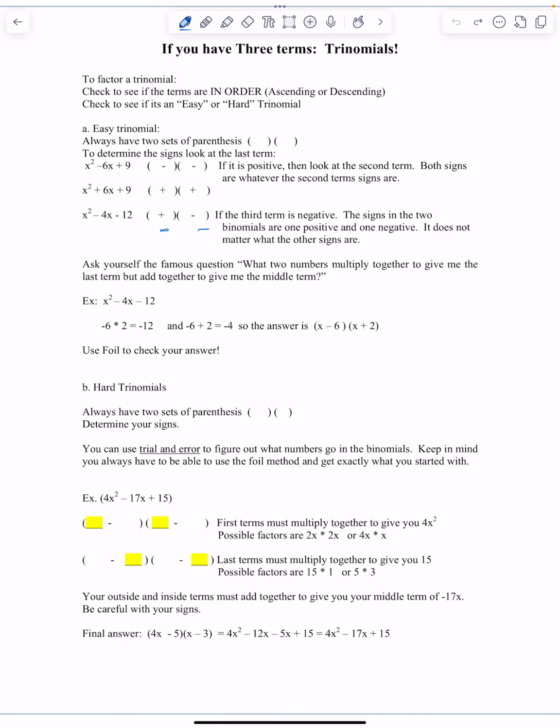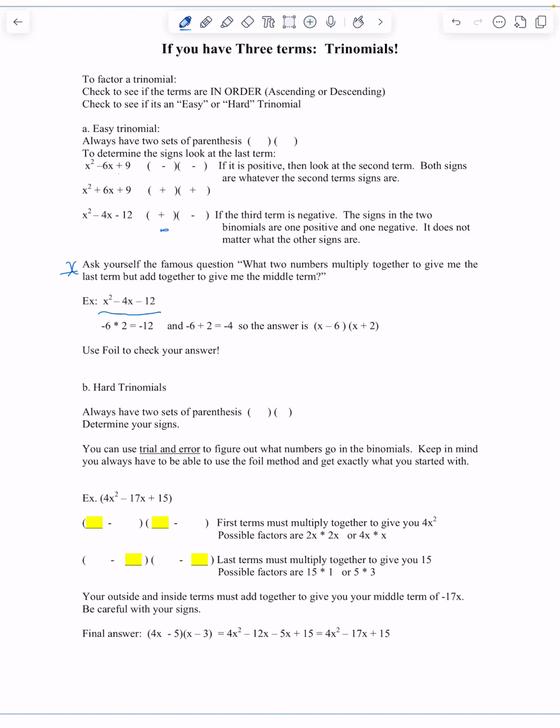So you're going to determine your signs, and then this is how you're going to factor it. You ask yourself the famous question: what 2 numbers multiply together to give me the last term, but add together to give me the middle term? So looking at our last example, x squared minus 4x minus 12.